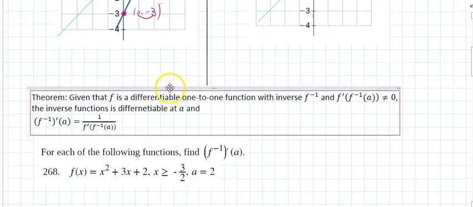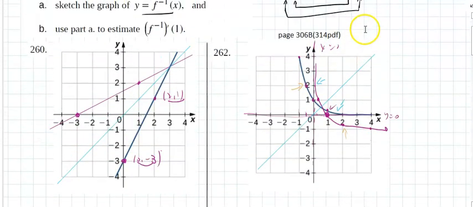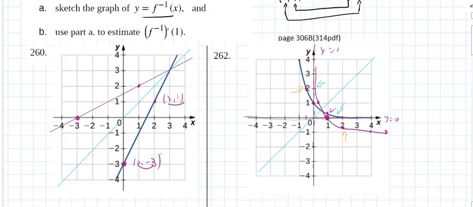Now, this is where we're going to use, oh, and part B, I almost forgot. We want to start getting used to this. Part B, they want us to find the slope of the tangent of the inverse of this graph at 1.